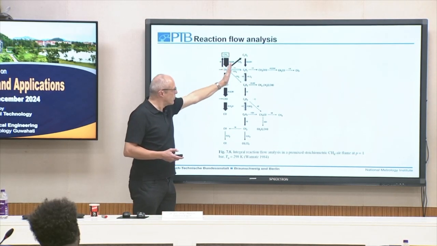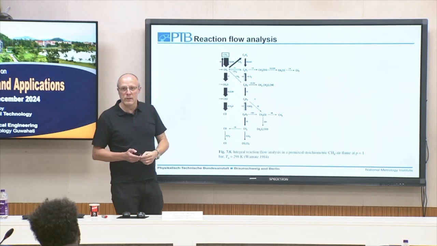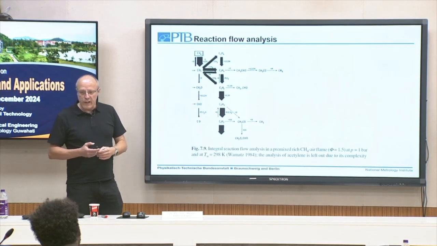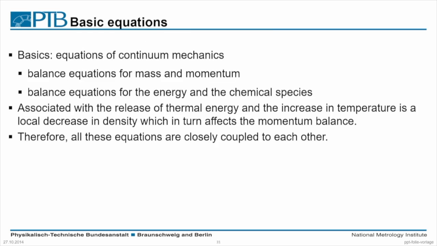This part here is very important, and here you see only small errors. So this is not so important. This changes, of course, if we have a rich flame, then chemistry mainly goes this way. So this is an outcome of such a reaction flow analysis.